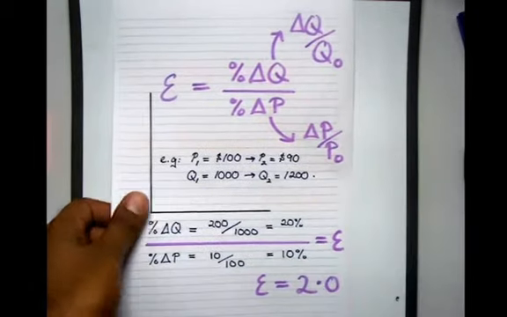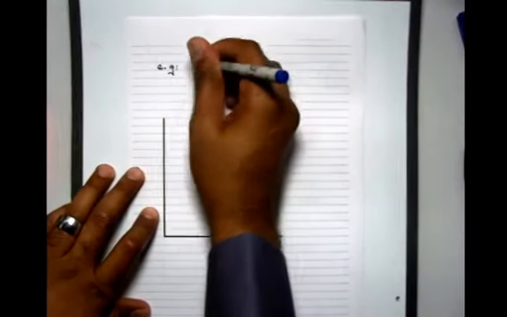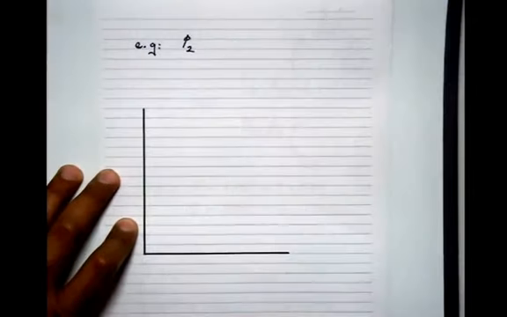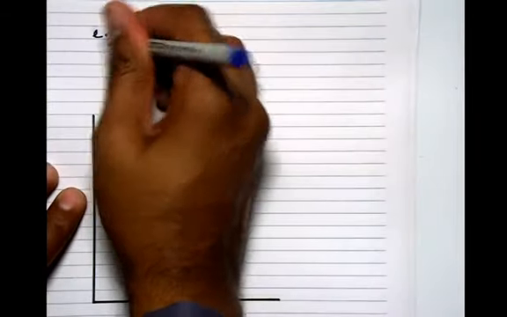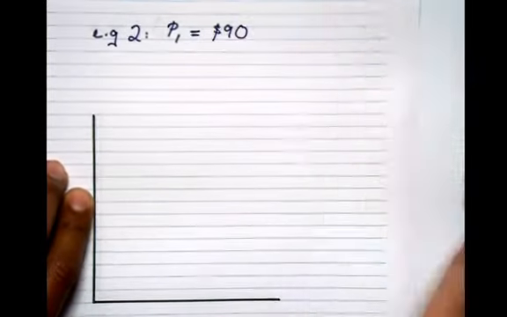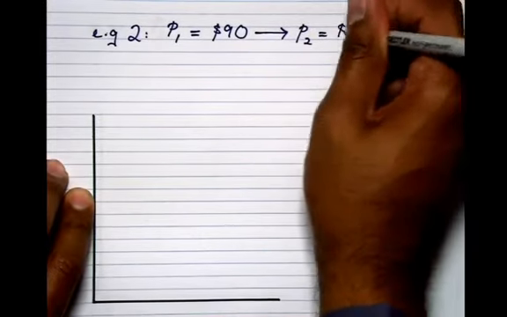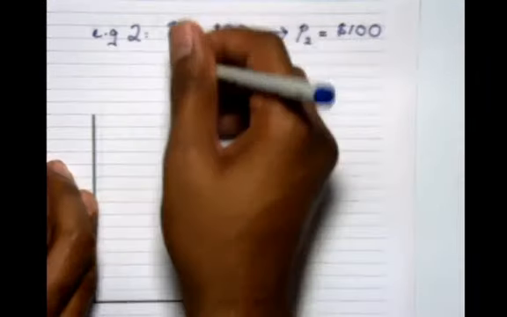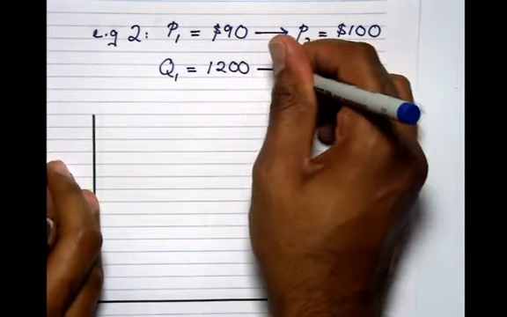Okay, let me give you another example. The price is 90. The price has gone up to $100. We used to sell 1,200 textbooks each semester.